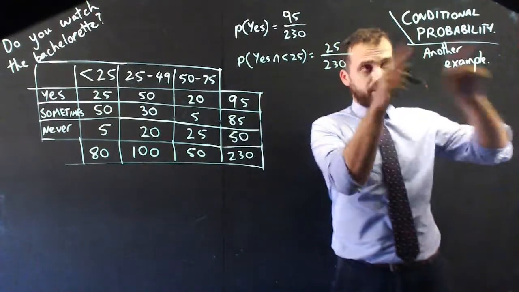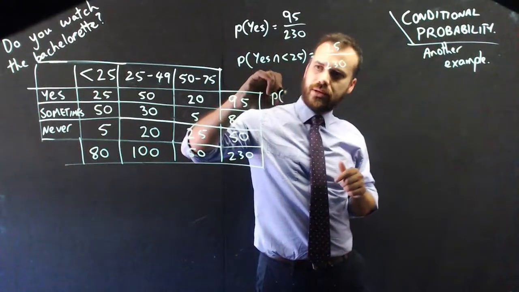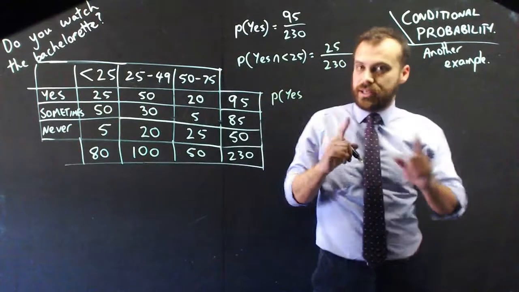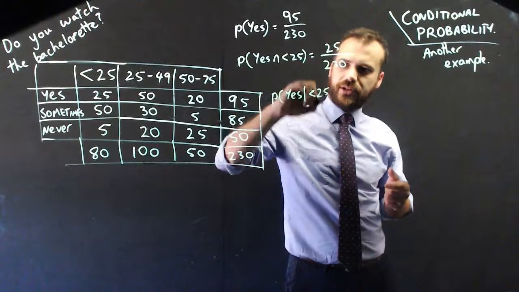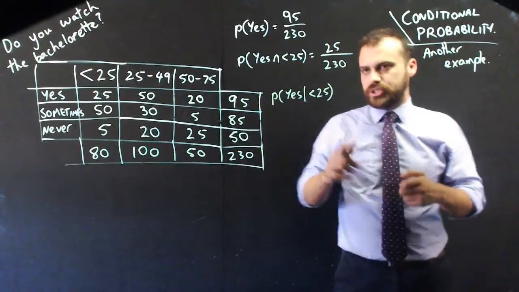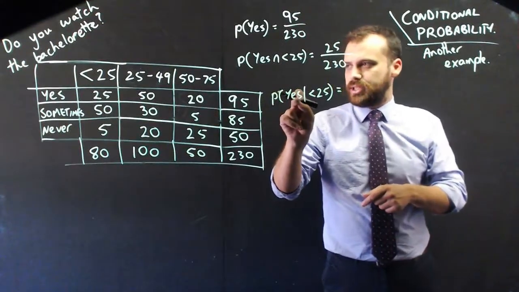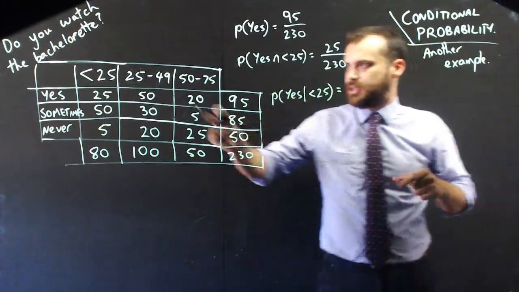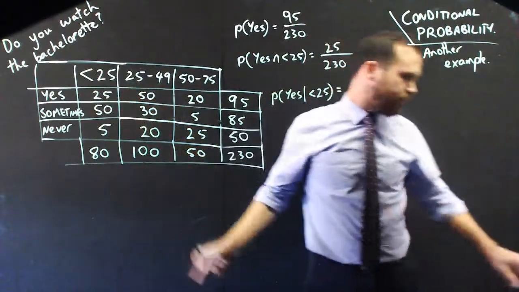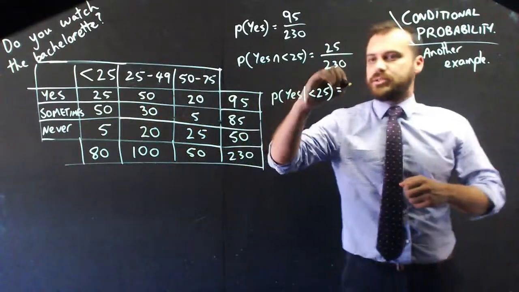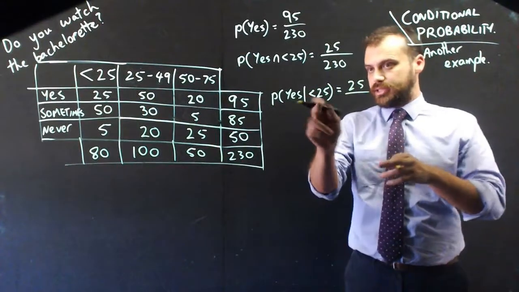And then we have conditional probability, which says, what is the probability that you said yes, given that I already know that you're under 25? And that's a different question, because the answer is the number of people that said yes that are under 25, which in this case happens to be 25, but I already know that you are less than 25.